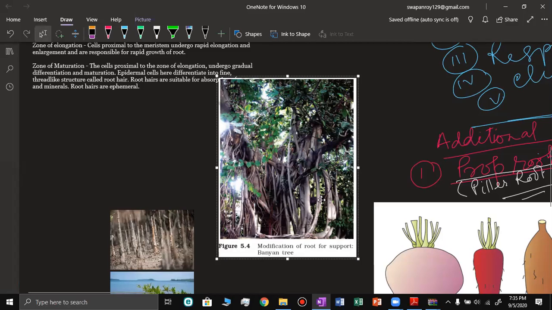So these are pillar-like, so they give mechanical support to these branches. Okay, there are very old banyan trees that are several thousand years old, and they are very huge. Their main trunk is not known, but many of this type of prop roots, pillars are there, which are giving support. Not only support, they are carrying out the normal function of the root also, that is absorption and fixation.